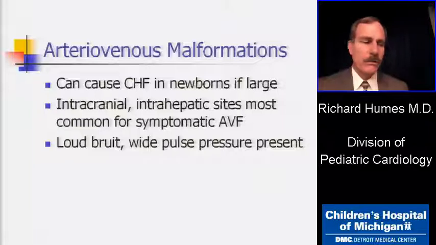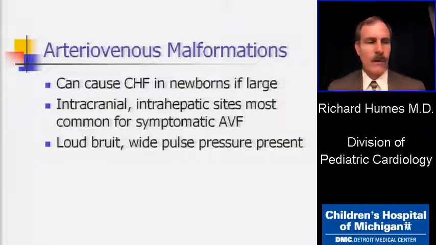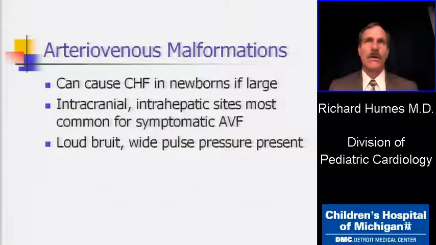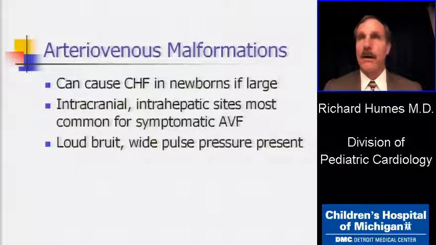Arteriovenous malformations are an unusual and fairly rare entity which can cause heart failure in children. Usually, if they are big enough to cause heart failure, you're going to see these in newborns. And when you see it in newborns, these AVMs are going to be relatively large.